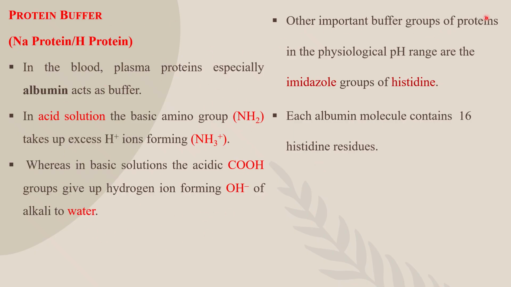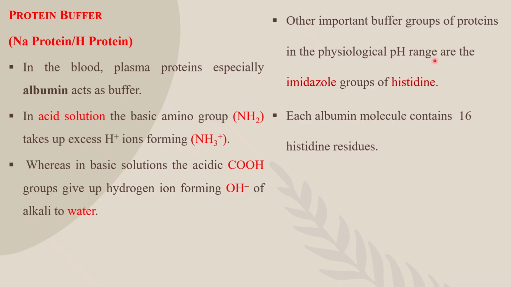Another important buffer group of protein in the physiological pH range is the imidazole group of histidine. Each albumin molecule contains 16 histidine residues. The imidazole group in histidine is very important because it has a labile hydrogen.